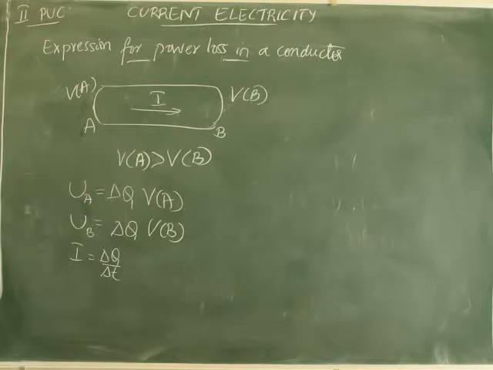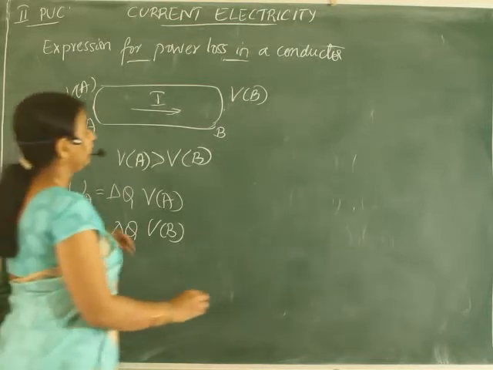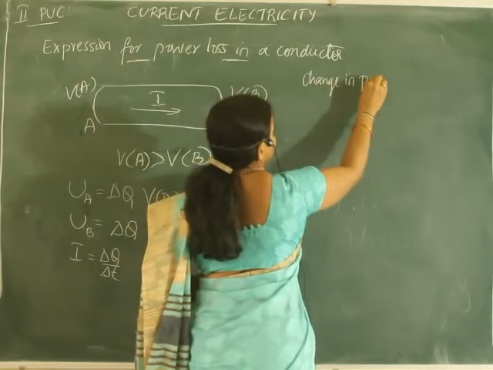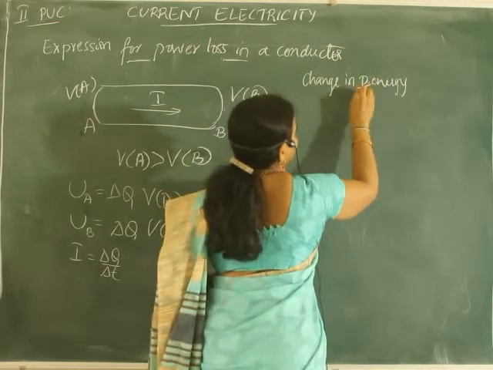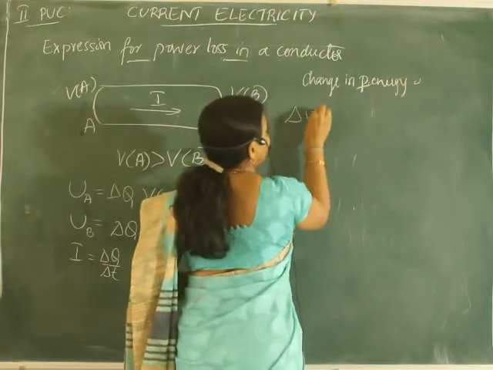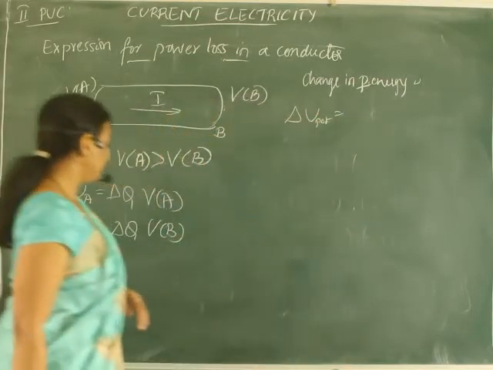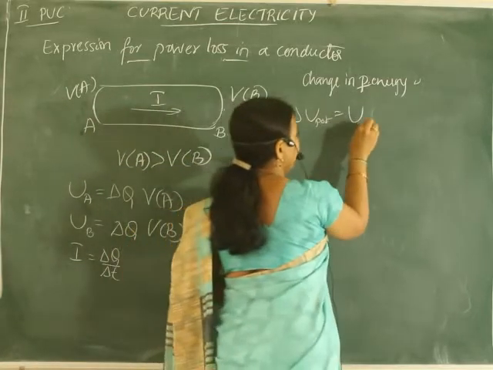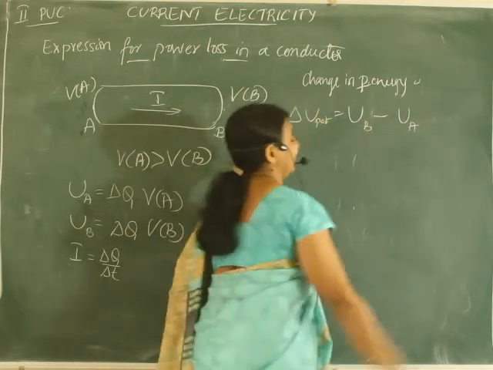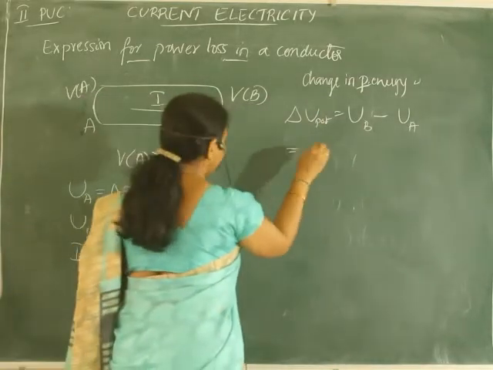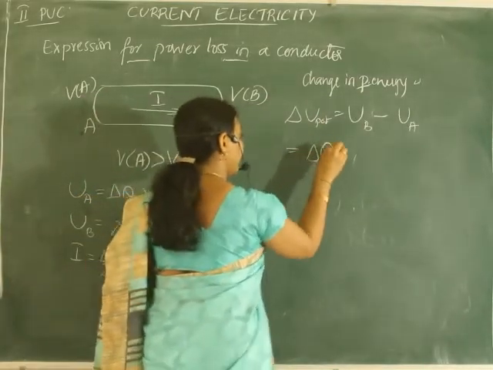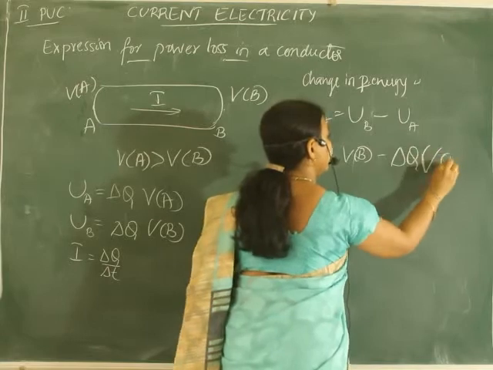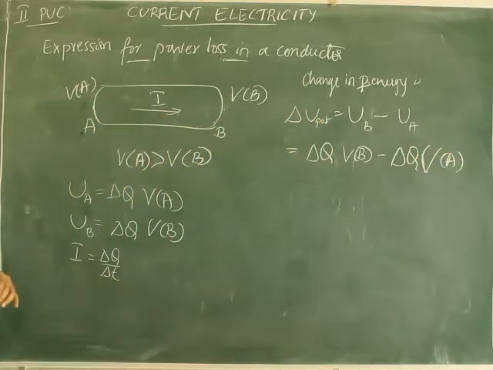Okay. What is the change in potential energy? Change in potential energy delta U is equal to final potential energy minus initial potential energy. So final potential energy is delta Q V of B minus delta Q V of A, correct?